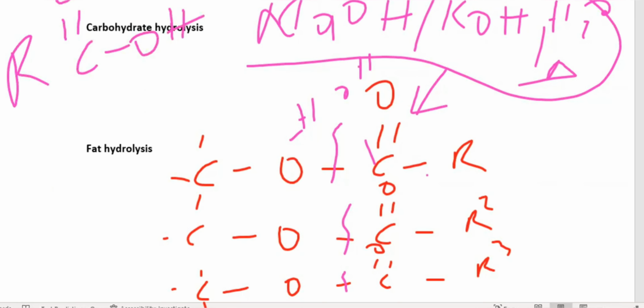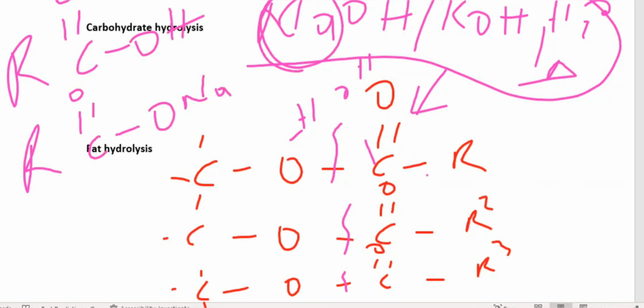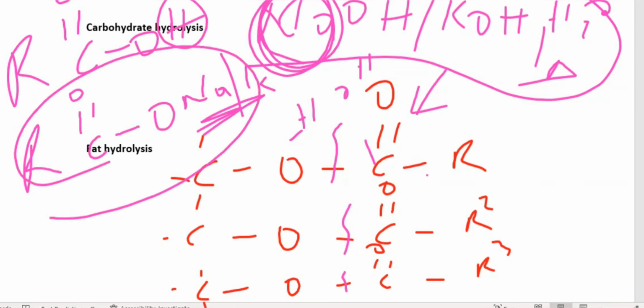But when you do the alkaline hydrolysis, you don't get that. What you get is R-C double bond O-Na, which is coming from the hydroxide, the sodium, or it could be potassium too, or it could be magnesium. I hope you get what I'm saying. But instead of this being hydrogen, the hydrogen is replaced by a metal. So you end up with a salt. So this is actually a salt, believe it or not.